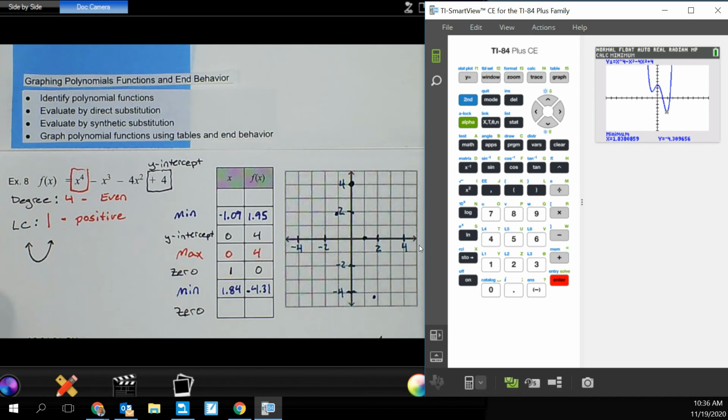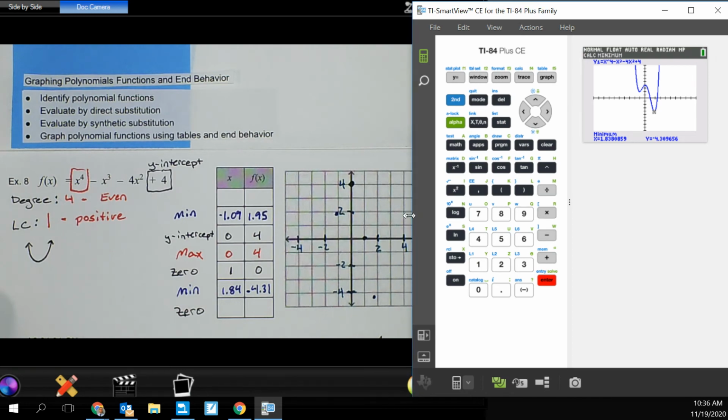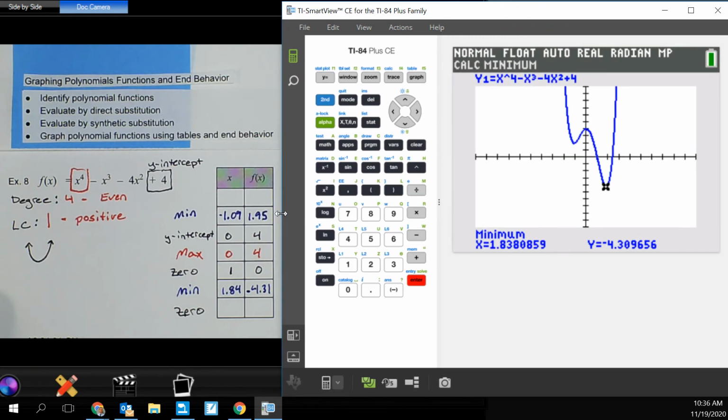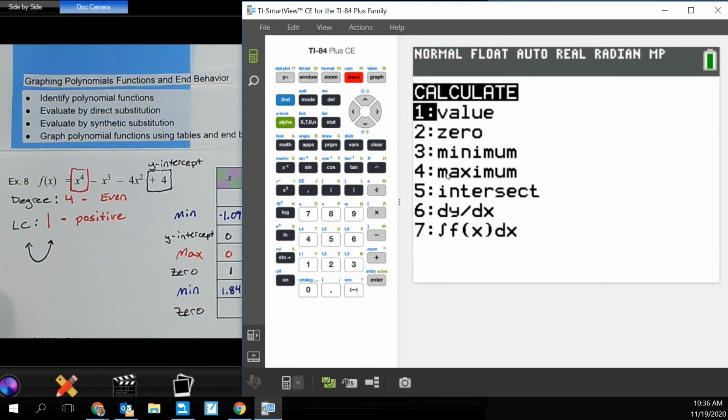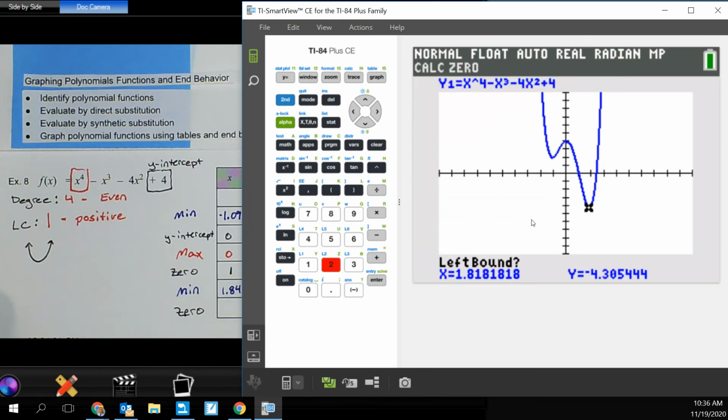And then the last point I have to calculate is the 0. So the 0 will go back to second calc. And the 0 is number 2 on there. So hit number 2. And again, it says left bound. My cursor is already to the left of where I think the 0 is going to be.